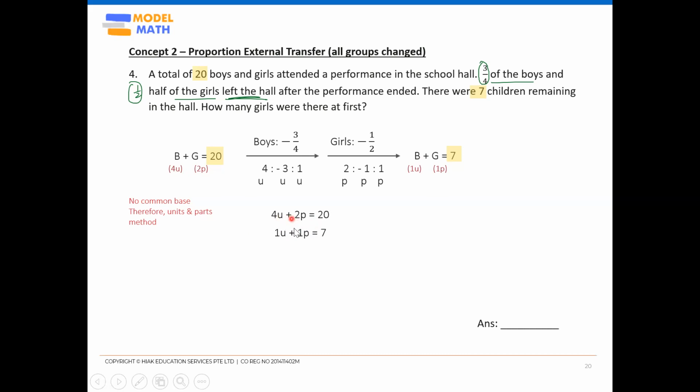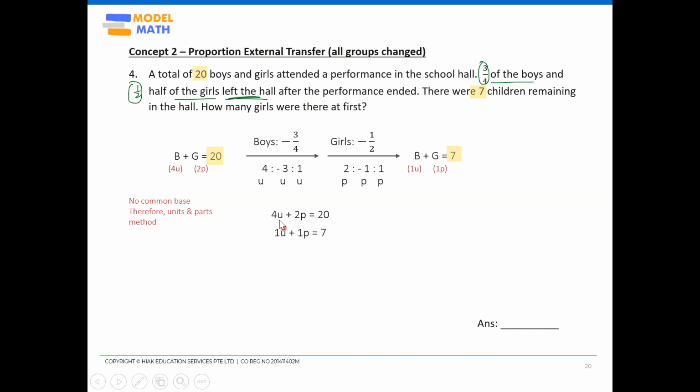When you have 2 equations like that with 2 different unknowns, your aim is to get rid of one of the unknowns. That means you either get rid of the units or you get rid of the parts. For this, it is really up to you because both equations show an addition. It is quite flexible for you to decide if you want to get rid of units or get rid of parts.